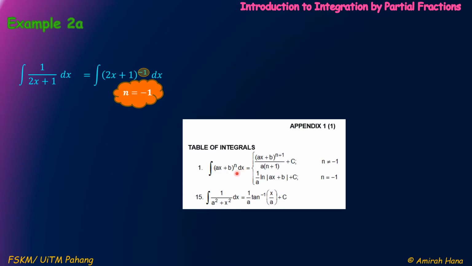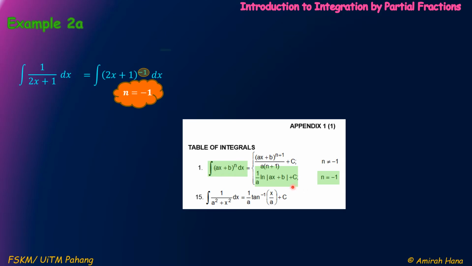We refer to the table of integrals in the appendix, formula number 1. If we integrate (ax + b)^n dx when n equals -1, the answer equals 1 over a ln modulus ax + b, plus c.